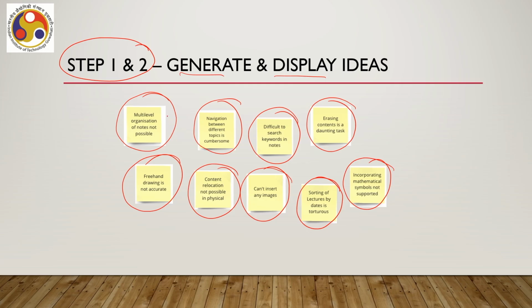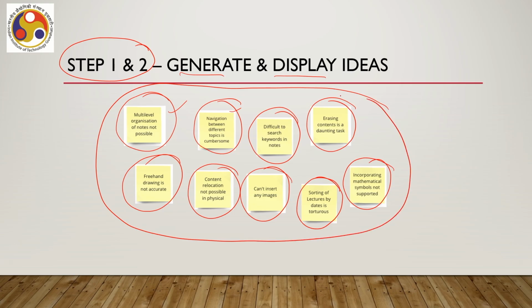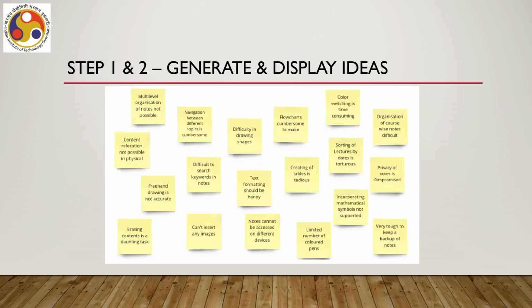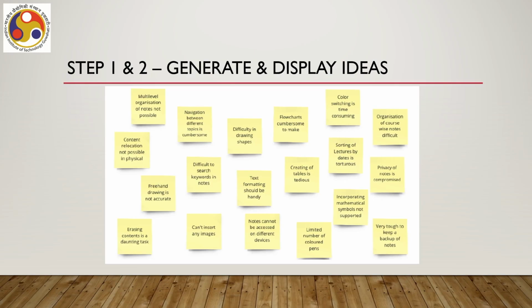Now, these are ideas, individually they are ideas, and when they are shown in this way, that is displaying of the ideas. There are many such ideas such as text formatting should be handy and so on. Organization of course wise notes difficult and so on. Now, that was a rough idea generation and we can display it in this way.